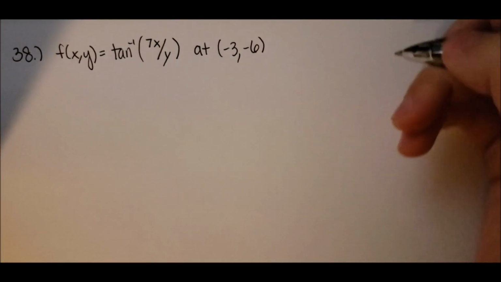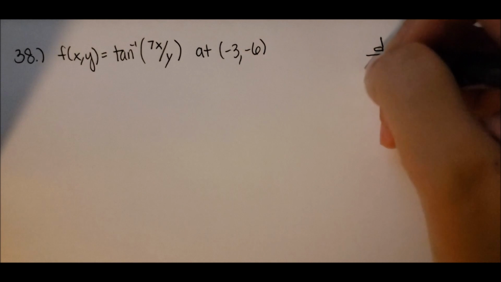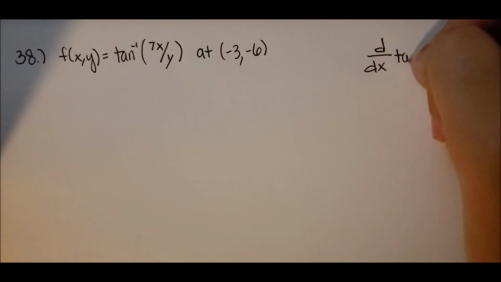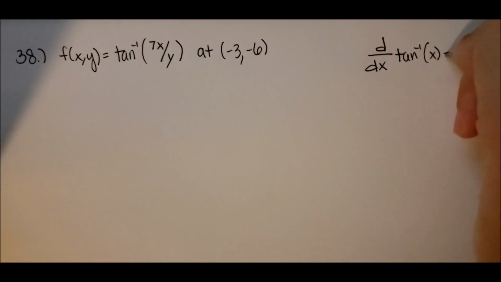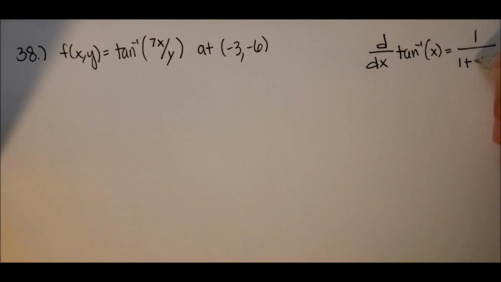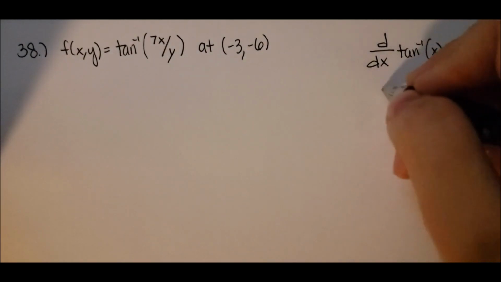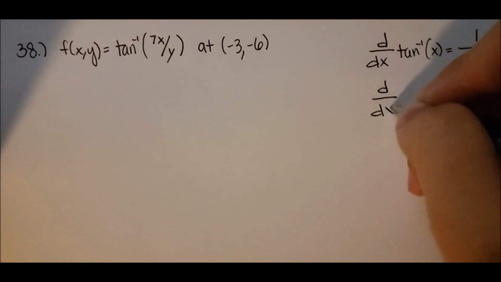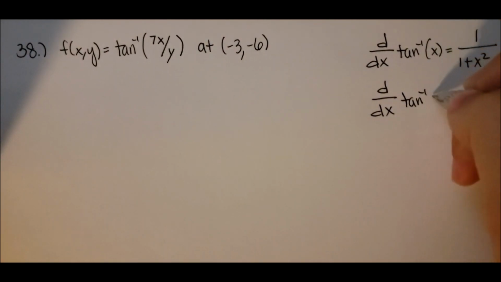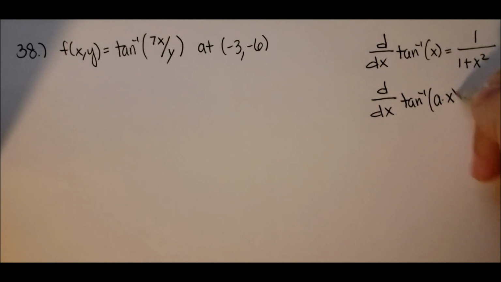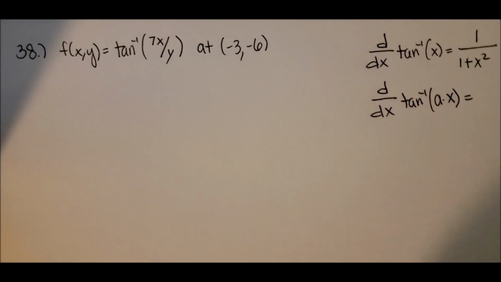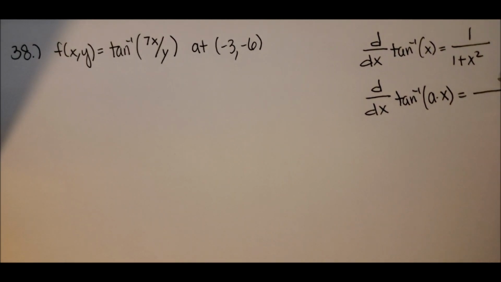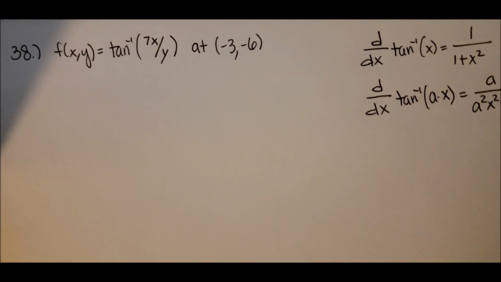And so the derivative of inverse tan of x is 1 over 1 plus x squared. The derivative of a constant times x on the inside of the inverse tangent would be a over a squared x squared plus 1.